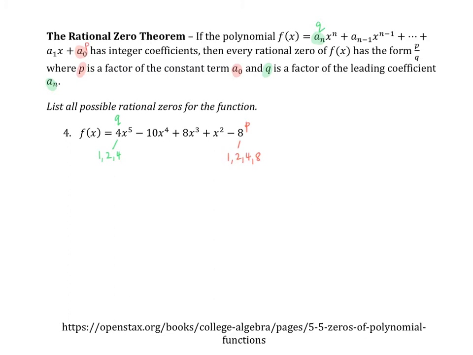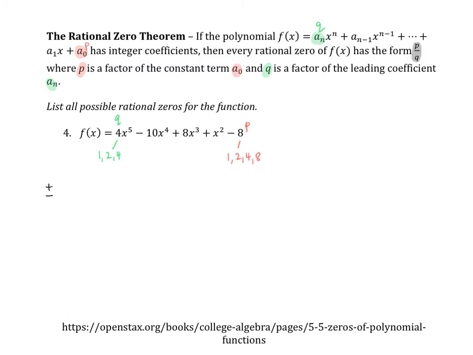Okay, so now to find all possible rational zeros for the function, we want to make the fraction p over q. So we have to use each p over each q and make fractions. Also keep in mind that it's plus or minus, so it could be positive or negative.